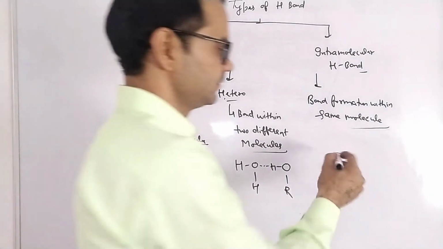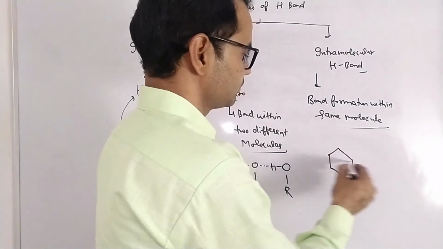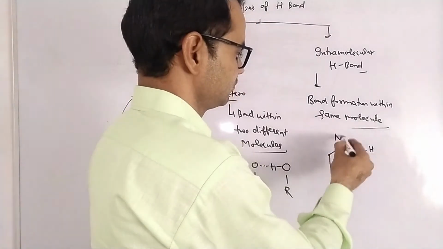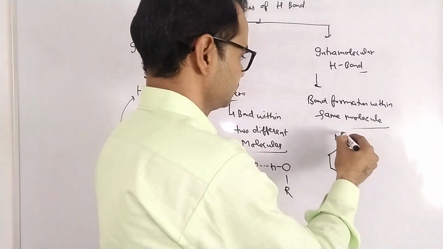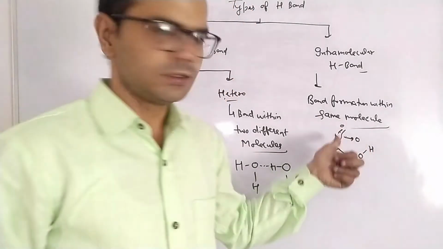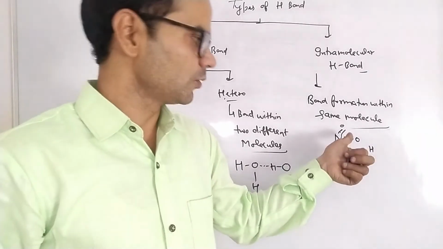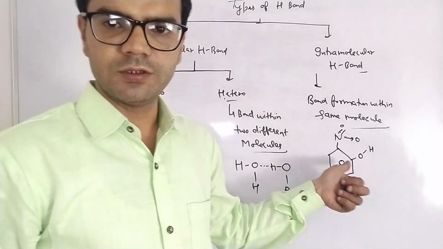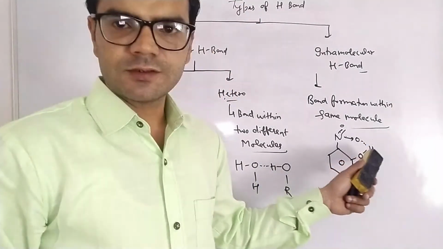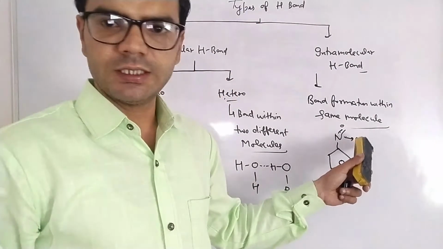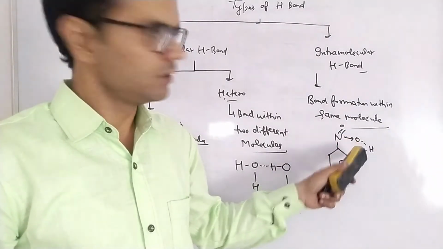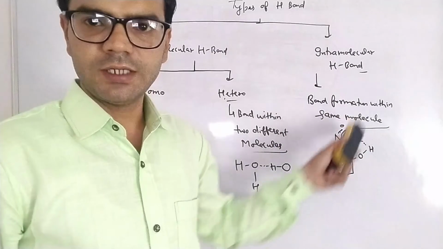For example, we have nitrophenol, NO2 group, nitro, and this is phenol. So now this hydrogen develops electrostatic force of attraction with the other electronegative atom. So now the hydrogen bond is formed within the same molecule. So it is an intramolecular hydrogen bond.